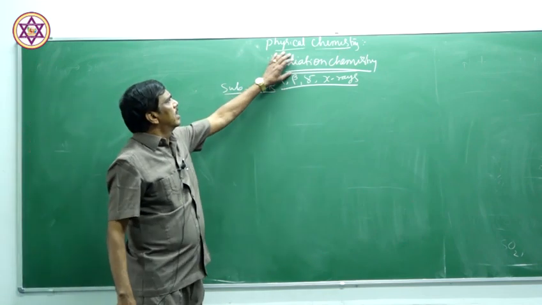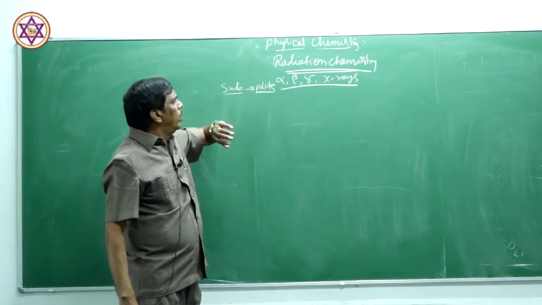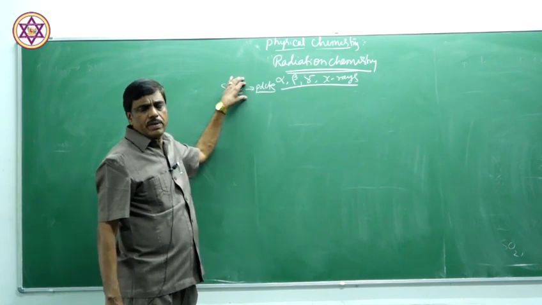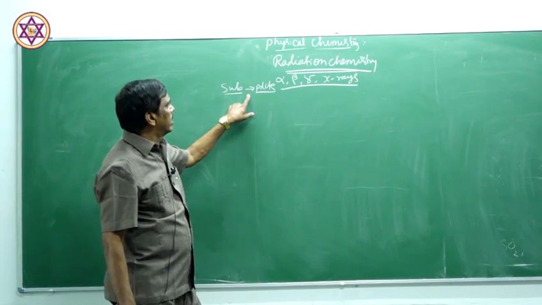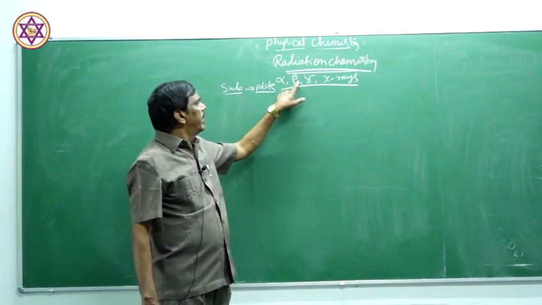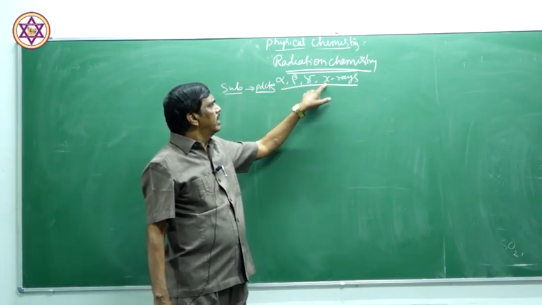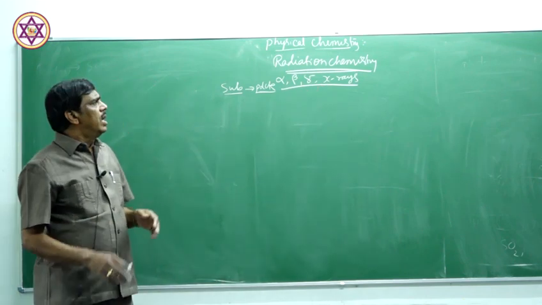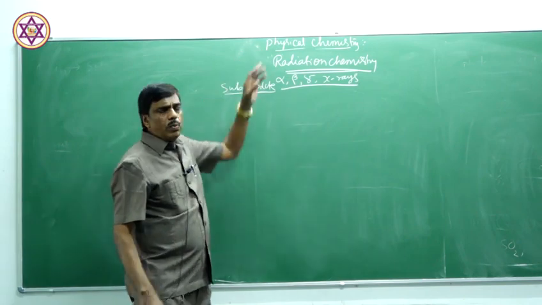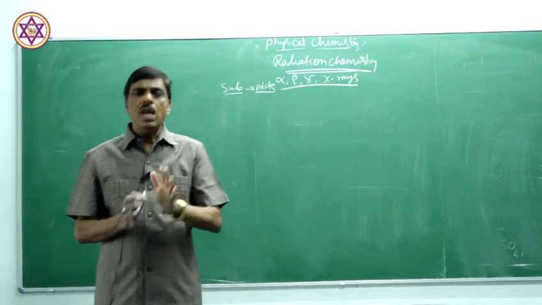This is called radiation chemistry. Radiation chemistry is a branch of physical chemistry which deals with the chemical reactions of a substance when irradiated by high energy radiations like alpha radiation, beta radiation, gamma radiation, X-rays, and so on. There is a difference between photochemistry and radiation chemistry.